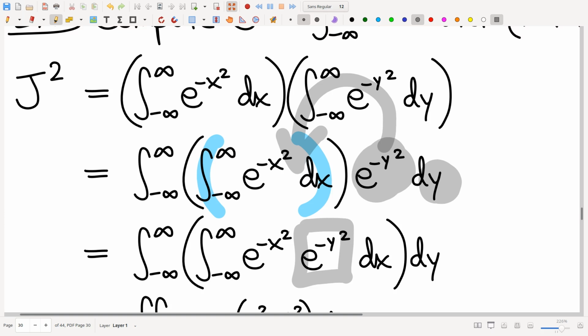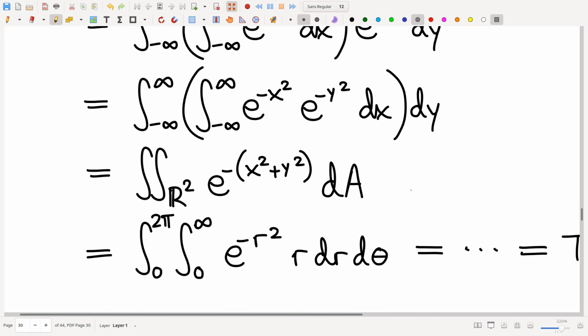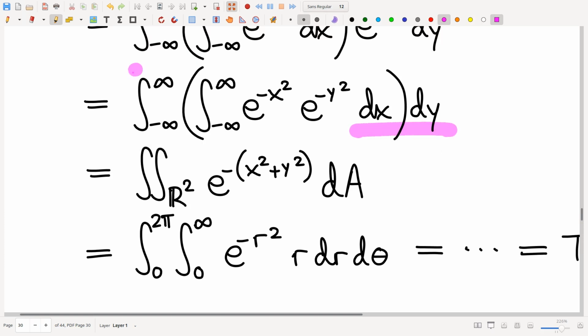It's really clever, right? It almost seems too good to be true that you could just whip things around like this. And yet, notice what we get is now a new iterated integral. And pretty quickly, you will notice that this iterated integral covers all values of x and y. Namely, it covers the entirety of the xy plane.